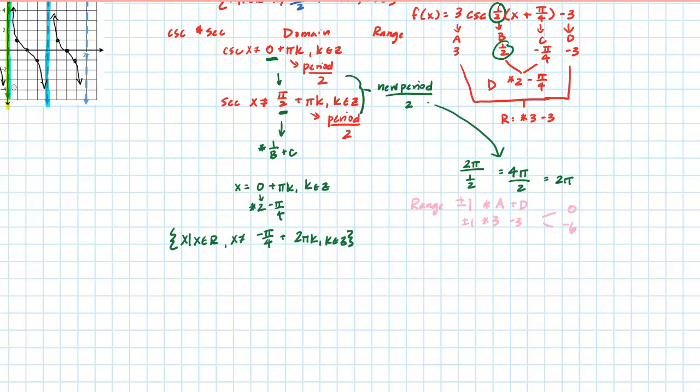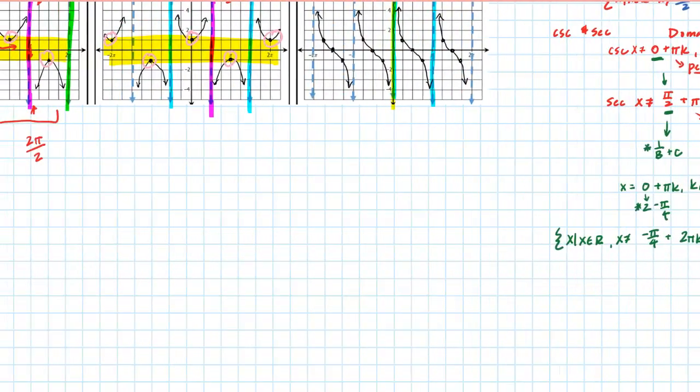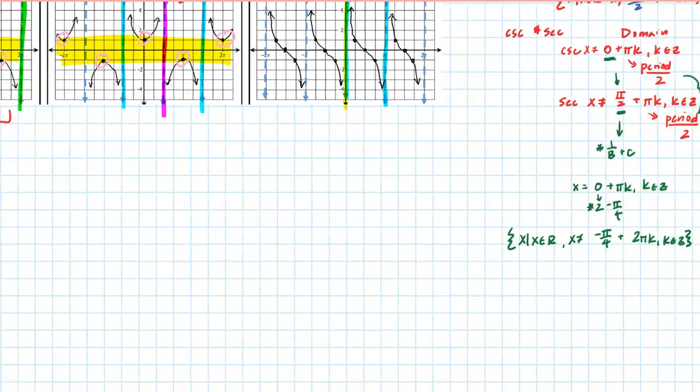Okay, so there you go. So that's the range: y such that y is an element of real numbers. Remember, it's not between them. The y values are not between those two numbers.